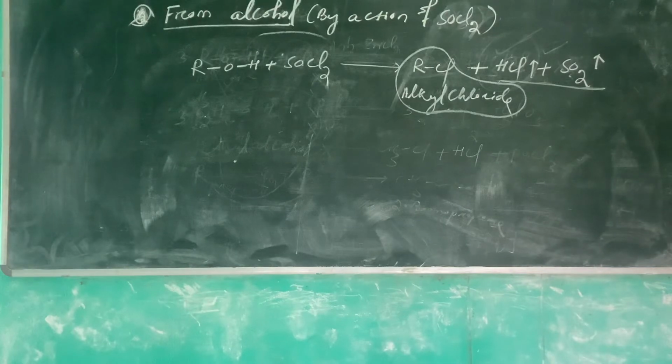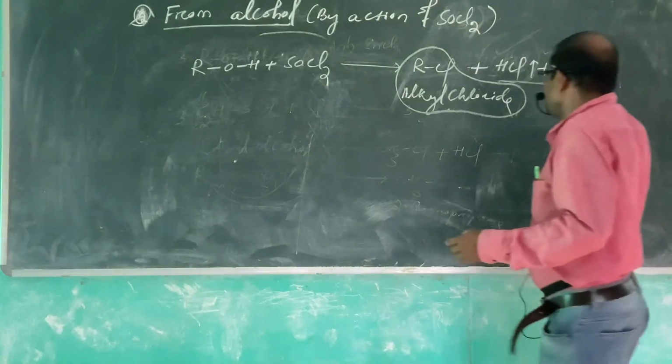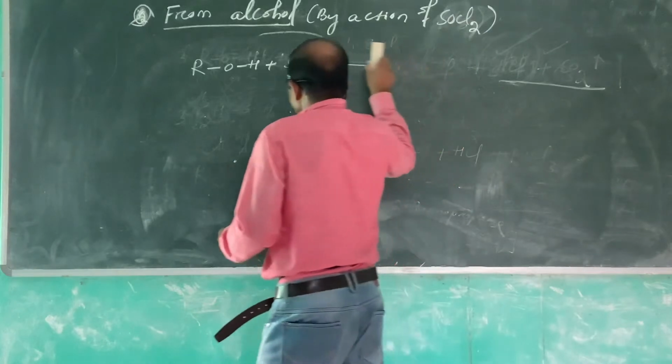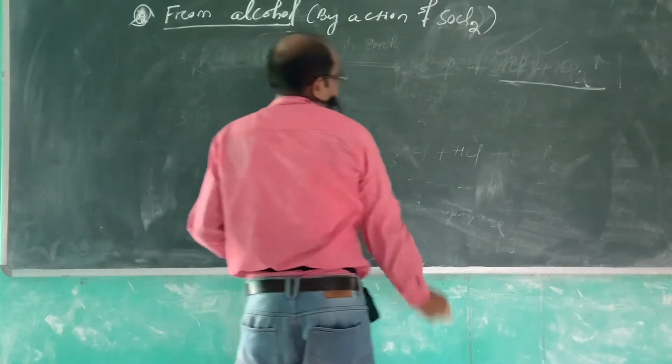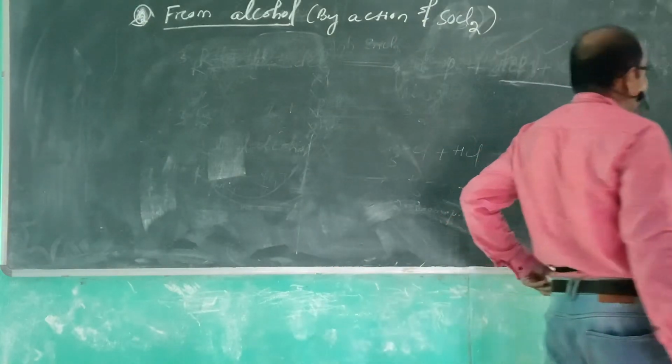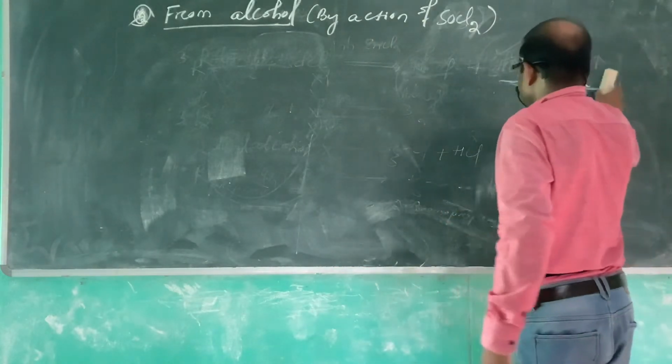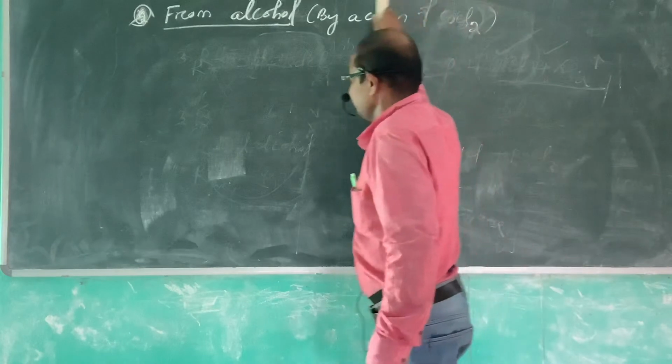Then come to the preparation of monohaloalkane from silver salt of carboxylic acid by Hunsdiecker reaction.